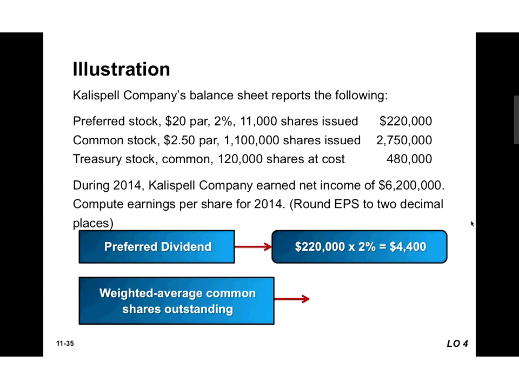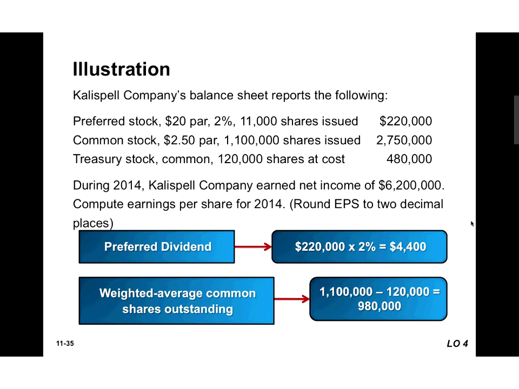So what we're doing now is accumulating the numbers we need to calculate the earnings per share. Now the weighted average common shares outstanding, we don't really have to do any weighting here, but we do need to figure out the common shares outstanding. It told us in the problem that we have 1,100,000 shares issued, but we have treasury stock of 120,000 shares.